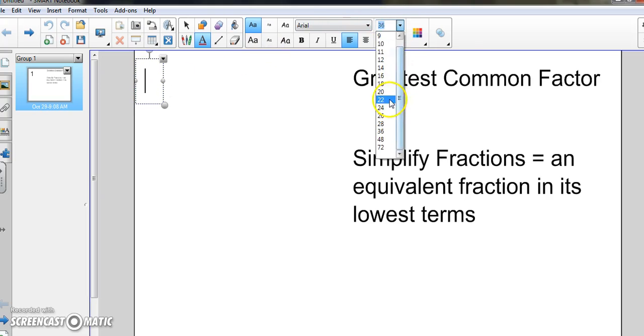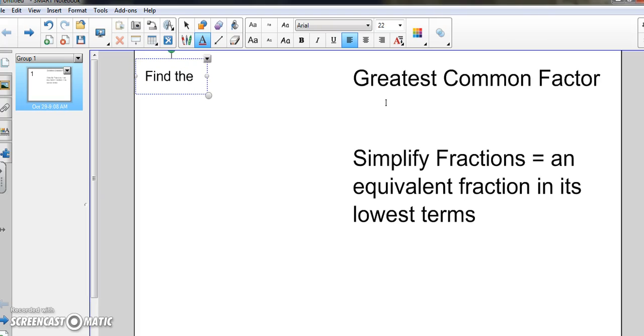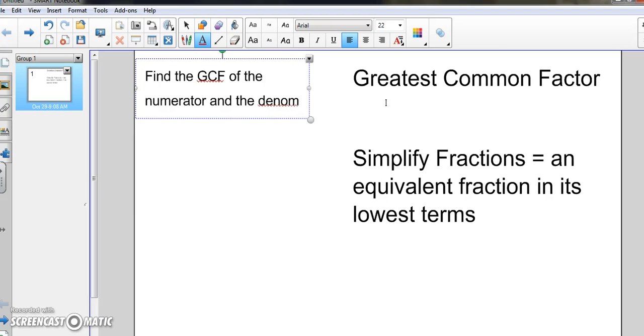And to review, in order to simplify a fraction, first you must find the GCF, greatest common factor, of the numerator and the denominator.